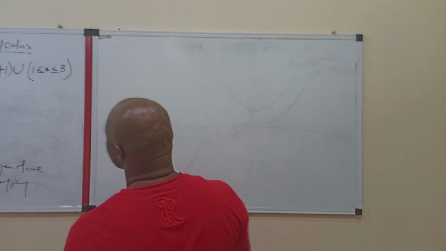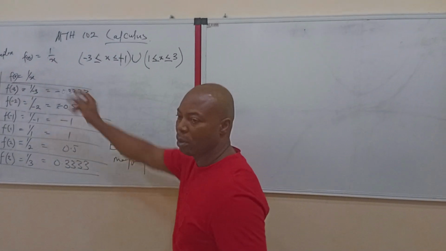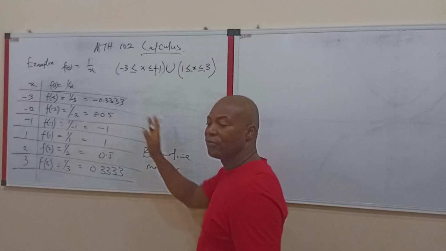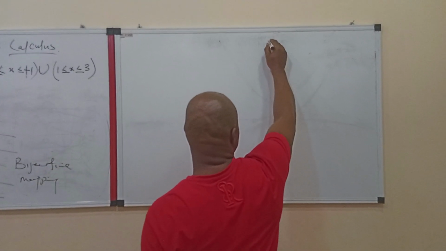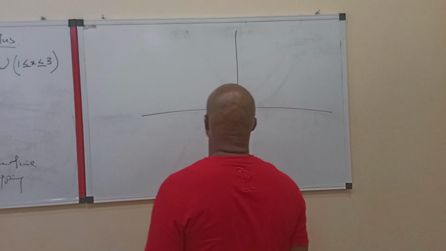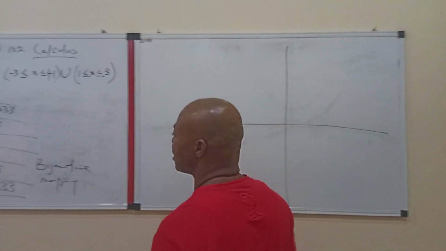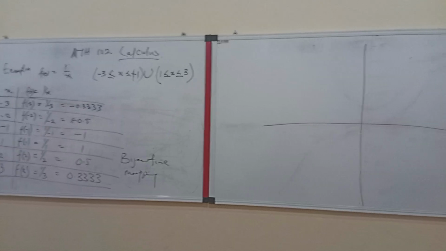Now if you look at this side, you see that there are negative numbers and positive numbers in both the domain and this thing. So what we are doing now is this kind of thing, let's put it at the center so that we can get the numbers. The biggest number we have here is 3, the smallest number is minus 3.